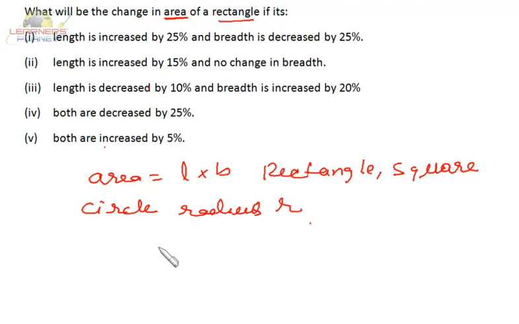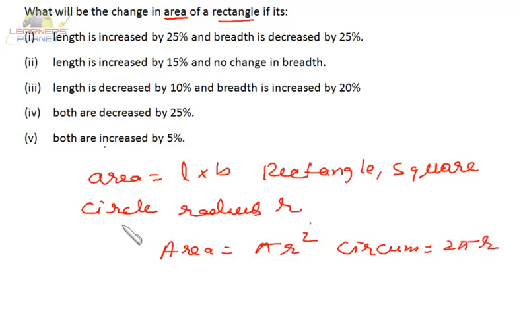Now if I talk about area of circle, that will be pi r square. That means area of circle is proportional to square of radius. And if I talk about circumference, then it will be 2 pi r.